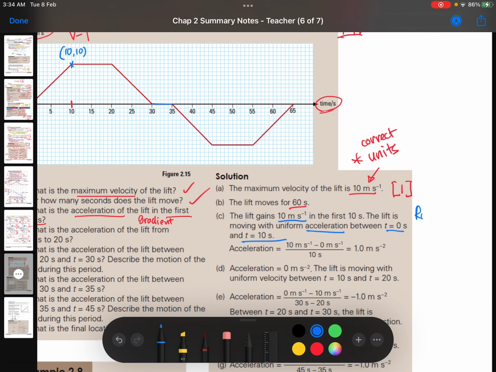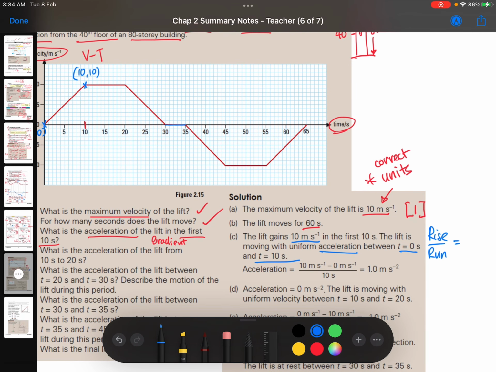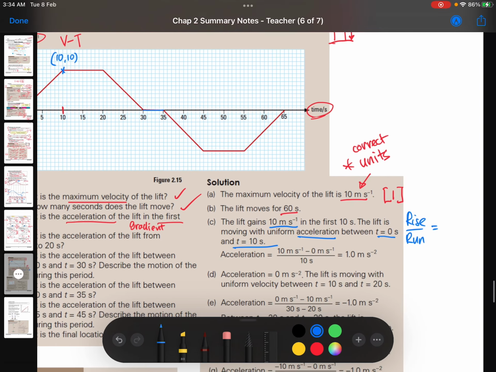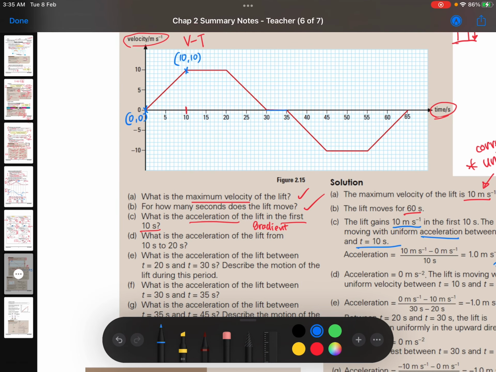So rise over run is equal to 10 minus 0 divided by 10 minus 0, and what you get is 1.0 meter per second square, which is what is calculated here. So actually this is a simple calculation of the gradient.